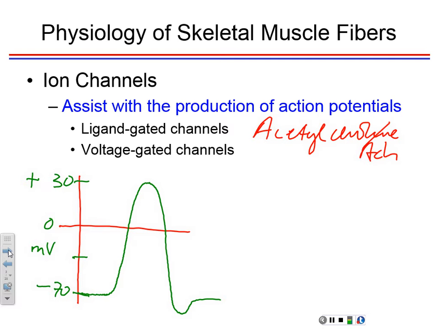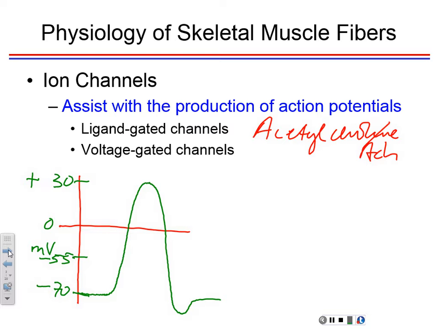There is a certain voltage that needs to be reached, called threshold, for the muscle cell to contract. If it doesn't get to threshold, then it's not going to contract. That's minus 55. When the impulse comes in and the ligand-gated sodium channels open up, enough of those channels must open to reach minus 55.